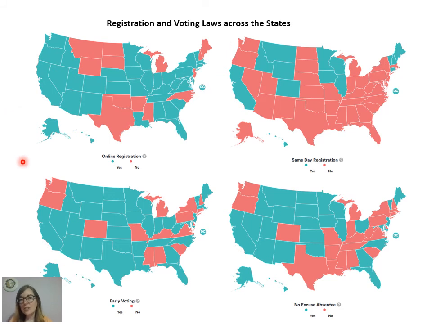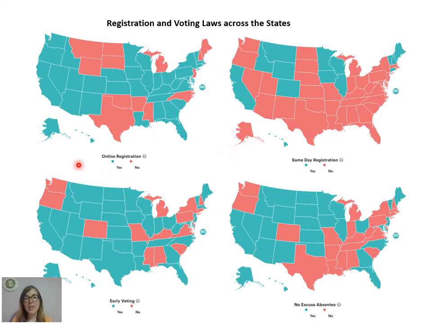And so you can conclude many states allow online voter registration. There are some states in red that do not allow it, but most do. When it comes to same-day registration, on the top right, it's a different picture. So relatively few states allow you to register to vote on election day. In most cases, you do have to register in advance of the election.